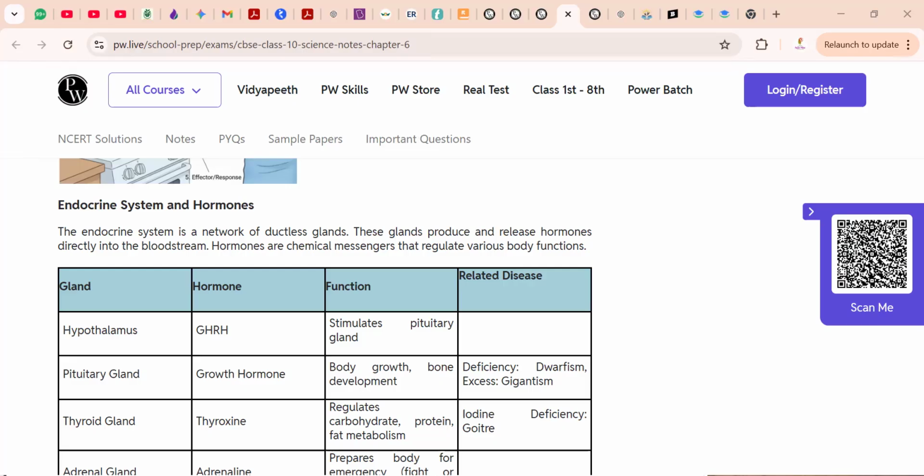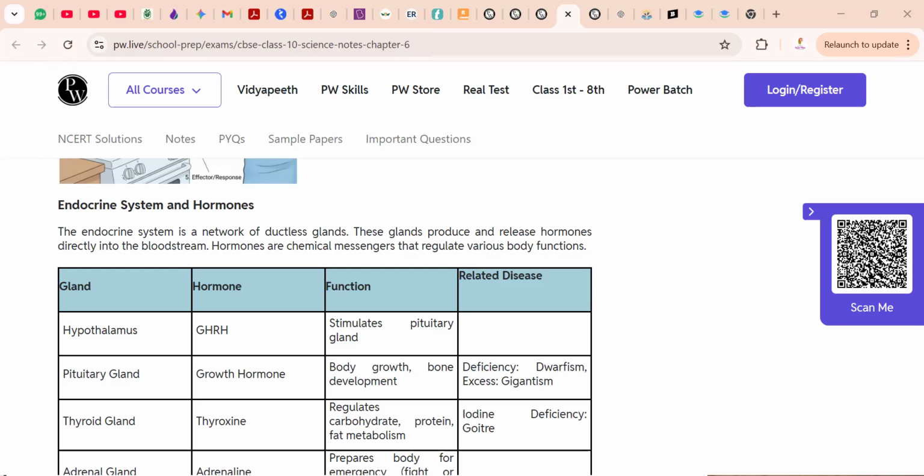But if there is a stimulus, what happens? For example, there is a frightful or fearful situation. The stimulus is received by the receptor. The receptor accepts this, and the signal goes to the brain, and from the brain it goes to the effector.